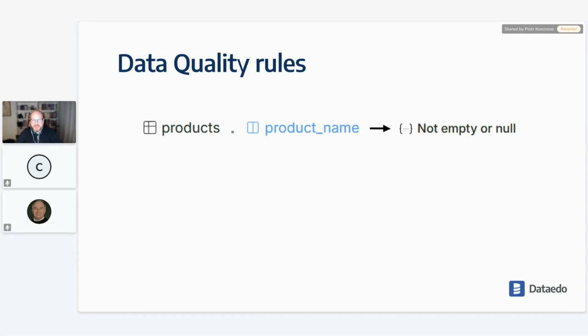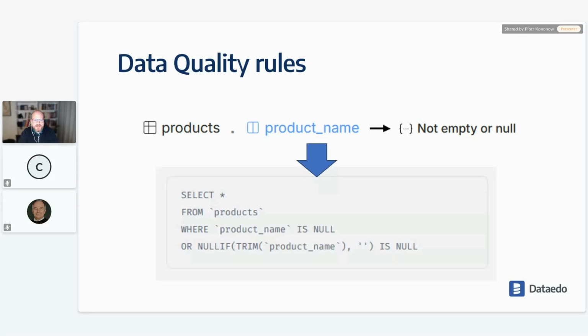And what we do in the backend is create a dedicated SQL and run it against the database engine, and that's how we figure out if there are any rows that do not comply with this rule. So our goal is to find any row that does not comply with the rule. It's pretty simple. So the outcome of the rule is the number of rows that are in the table, and how many rows do not pass. And if there's even one, then the rule fails.